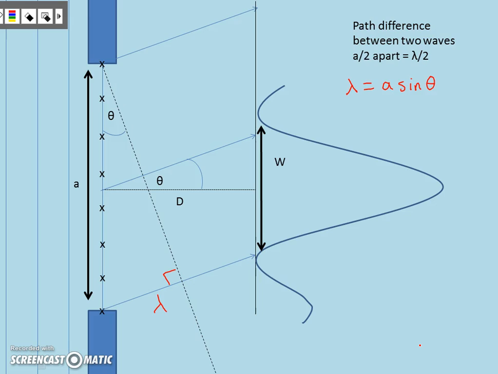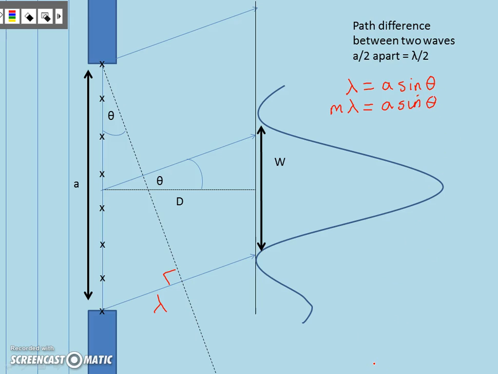If we were to do this for successive fringes, for the first dark fringe it's just lambda equals A sine theta. For the second dark fringe, it would be 2 lambda equals A sine theta. So we're going to use m for the order of the minima: m lambda equals A sine theta.